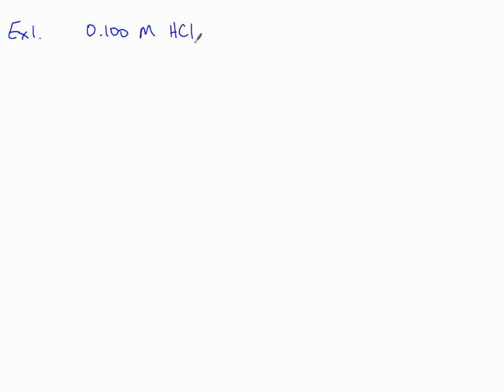First thing, identify the type of substance. And so we're talking about HCl, and this is where it's important for you to know the 8 strong acids. And HCl is one of them. It is a strong acid, and this is going to be helpful because it gives us a strategy.